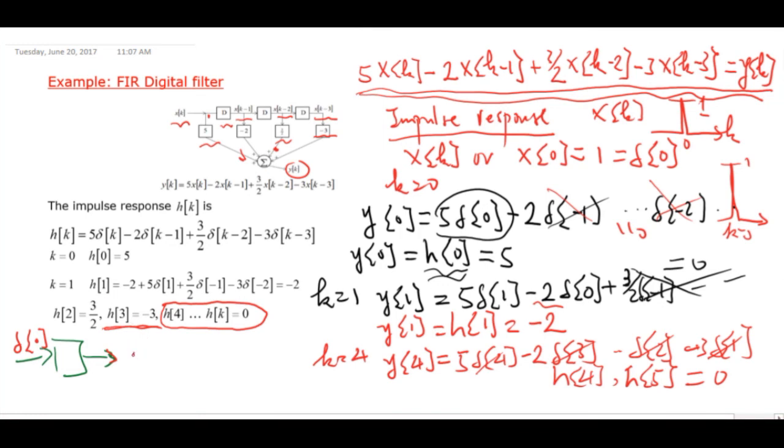The first one, h0, is equal to 5, then h1 is equal to minus 2, then h2 is equal to 3 over 2, then h3 is equal to minus 3, then h4 is equal to 0, h5 is 0.